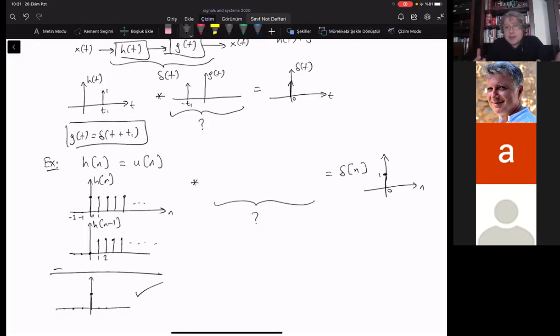Now, how can I get such a thing, h of n minus h of n minus 1, using convolution? Simple. h of n is h of n convolution delta n, and h of n minus 1 is h of n convolution with delta n minus 1.